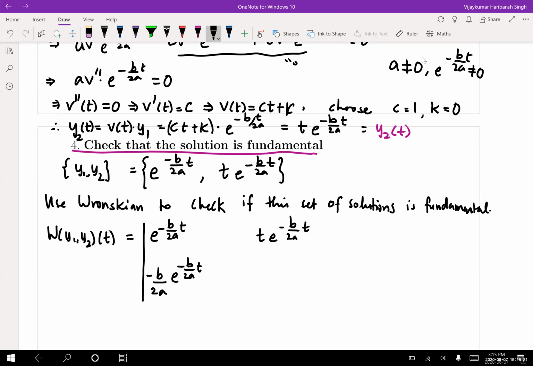Now I have to use the product rule here. The first derivative of t is 1 times e to the power as it is, plus t times the derivative of this exponential, which is going to be minus b by 2a in the bracket times e to the power minus b by 2a t. So let's compute the determinant of this.